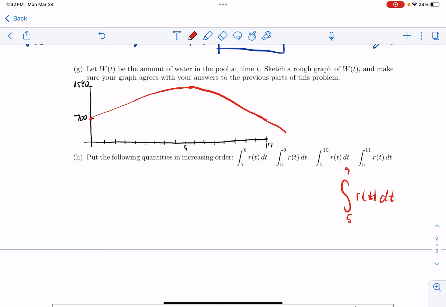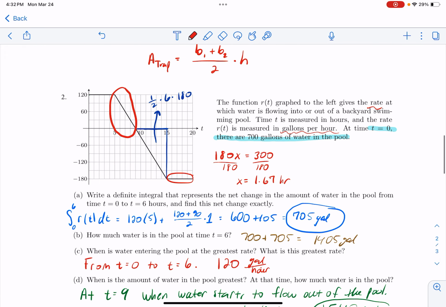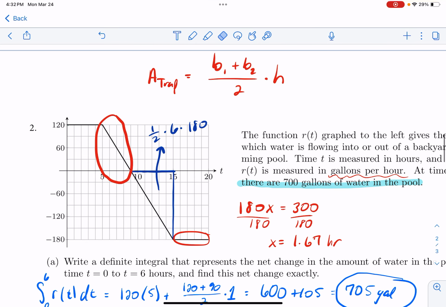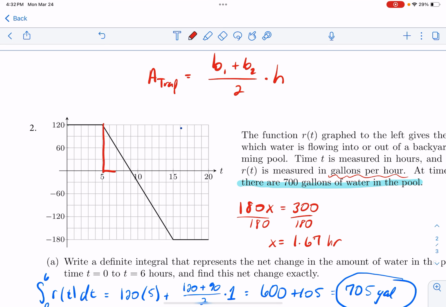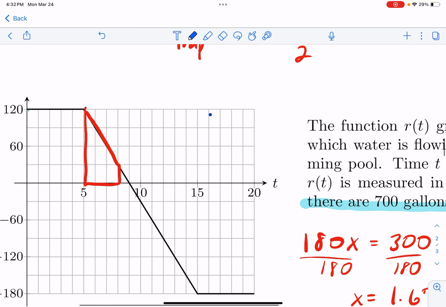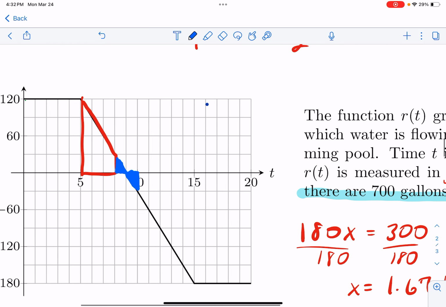All right, if we look at 5 to 8 and 5 to 10, I'm going to erase this. 5 to 8 is this area, and 5 to 10 includes this area. Well, this positive blue cancels with this negative blue.